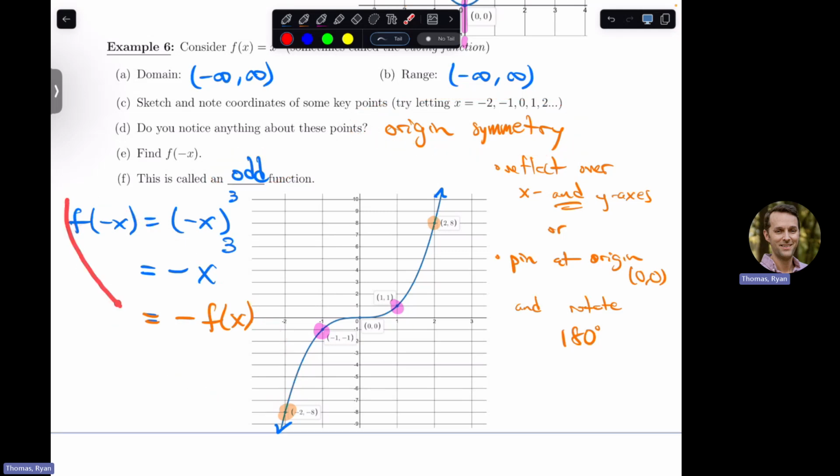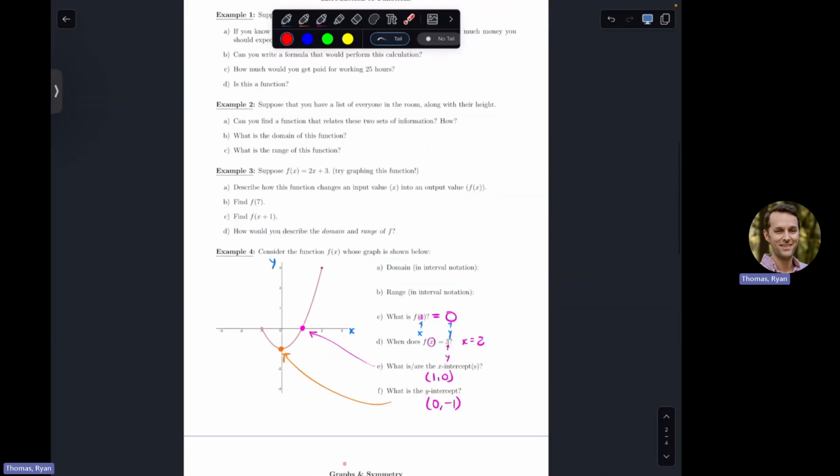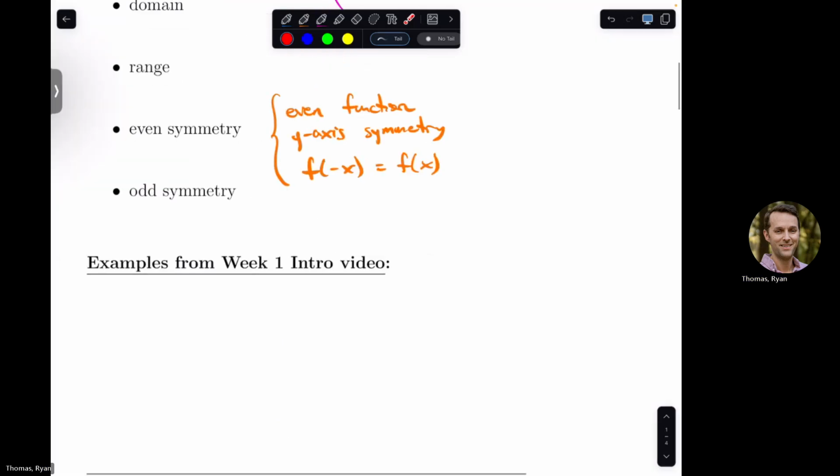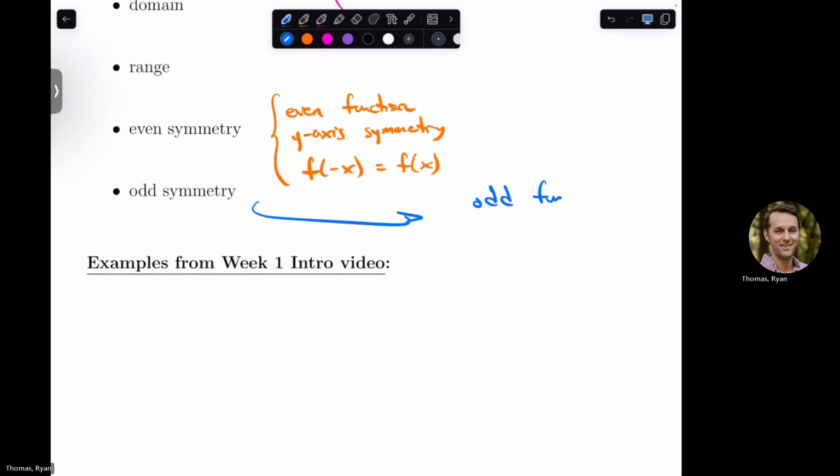And then this f of negative x equals negative f of x. That's the like analytical or symbolical kind of version of the same thing. But for our purposes, they all mean the same thing. So if I'm thinking, you know, sort of definition, odd symmetry, odd function, origin symmetry, and f of negative x is equal to negative f of x.